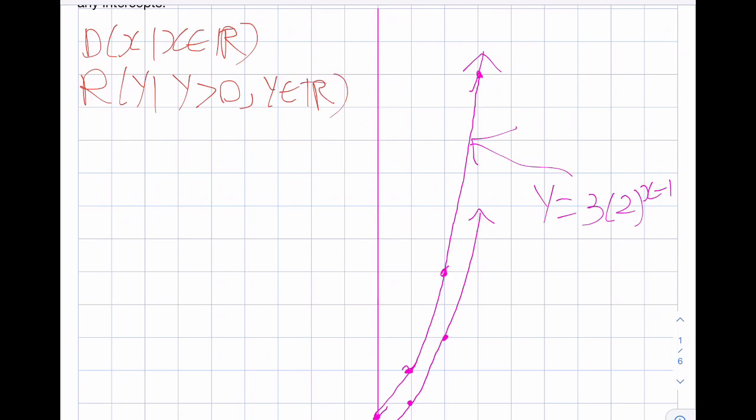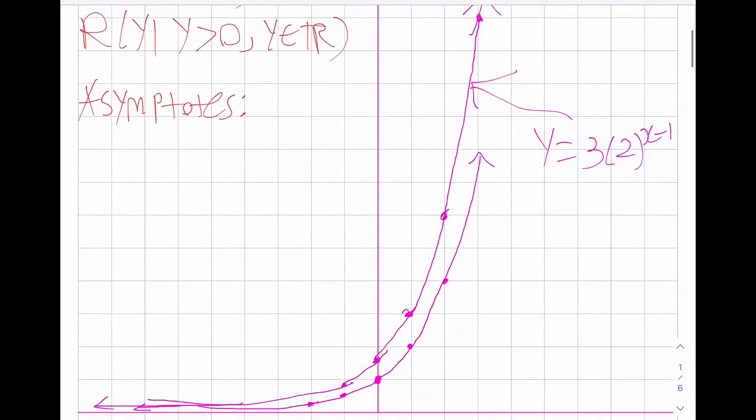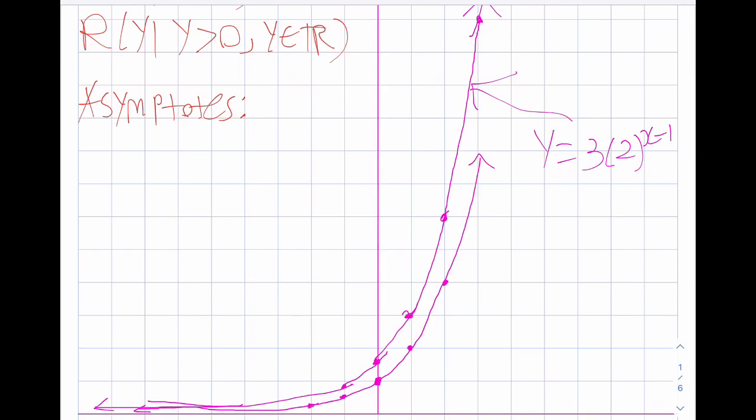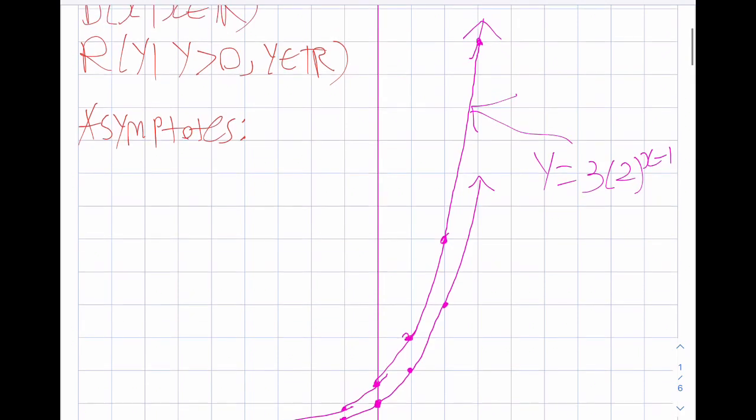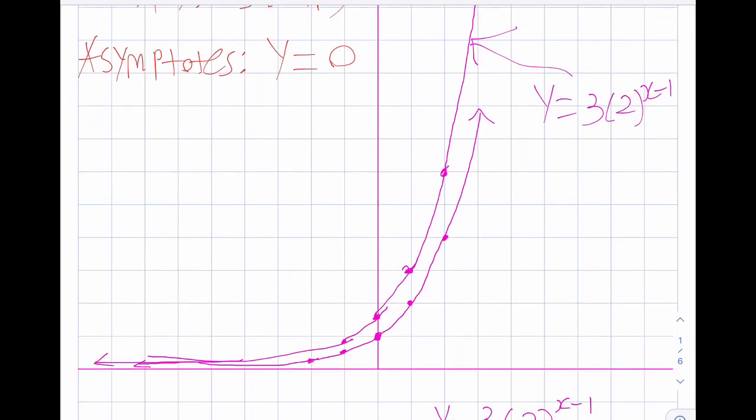Alright guys, let's look at the asymptotes. Alright, we will have no vertical asymptotes, but we will have a horizontal asymptote of y is equal to 0, because the function cannot touch y is equal to 0, but it gets infinitely close to it.